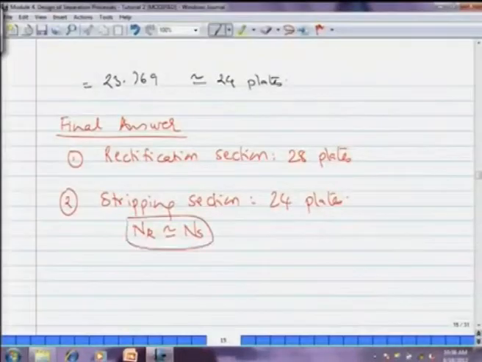So, you can have a generalized relation as NR more or less equal to, not equal to, but more or less equal to NS. Number of plates in rectification section are more or less equal to number of plates in stripping section. So, that completes the first problem of today's session.